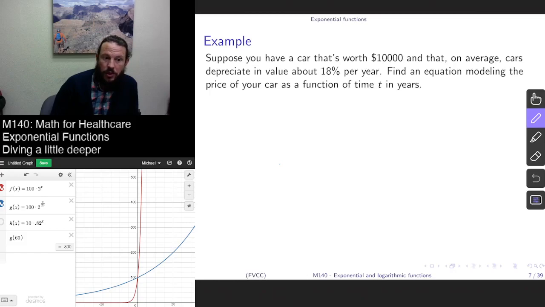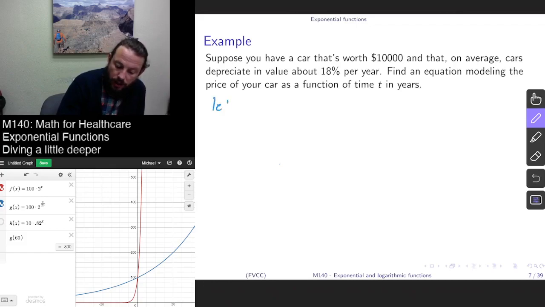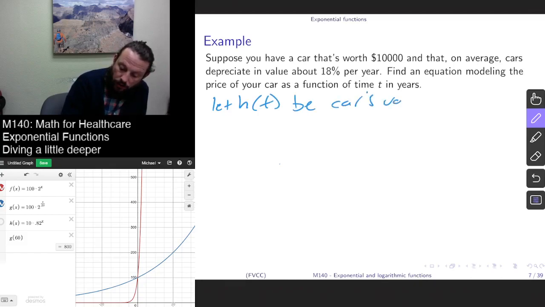That means that we need a function. Let's say let h of t be the car's value after t years.